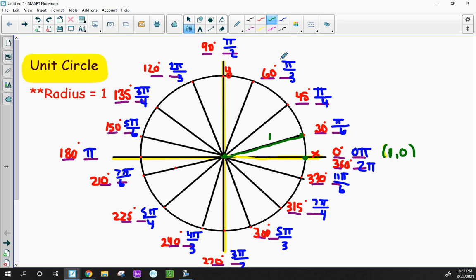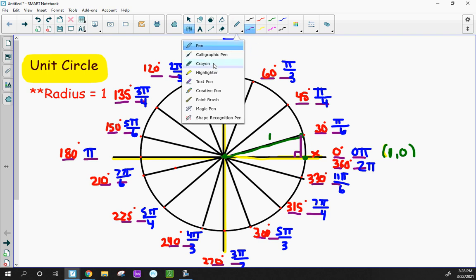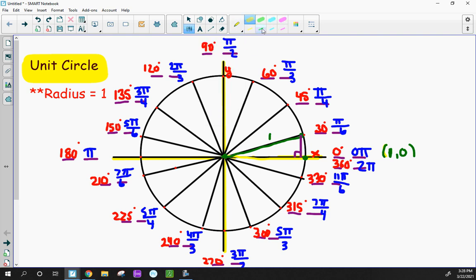So what I want you to notice, and you need to watch very closely, is that if I take this point, which is intersecting the circle, and I drop down a perpendicular to the x-axis, it creates a right triangle. I'm now going to highlight this triangle. So we're all looking at this one little piece.